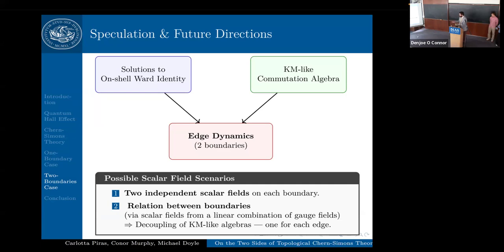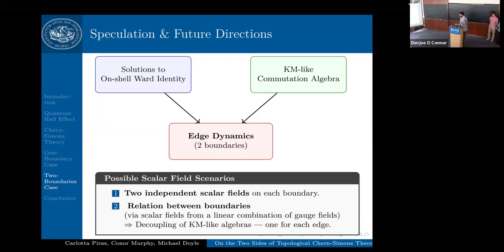As I mentioned earlier, two cases that we're exploring are the presence of two independent scalar fields, one for each boundary, and also possibly one scalar degree of freedom, and some relation between the gauge fields on either boundary.